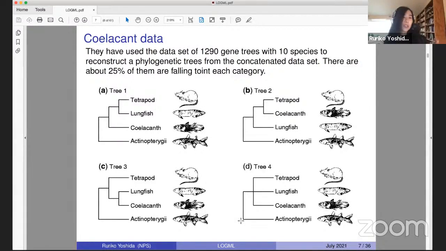They looked only at the tree shape and counted how many of each, but it's not that informative. The question is which one is close to the tetrapod: this is a shark, this is coelacanth, and this is lungfish. Lungfish or coelacanth? That's what we want to know. This is a difficult question.